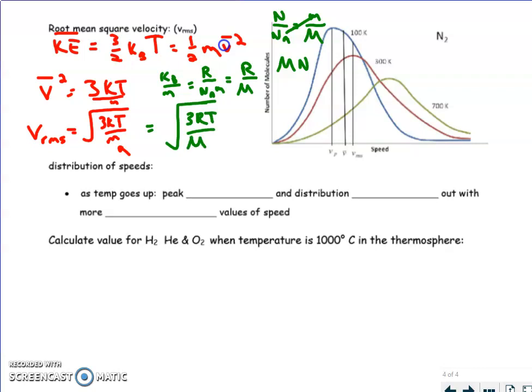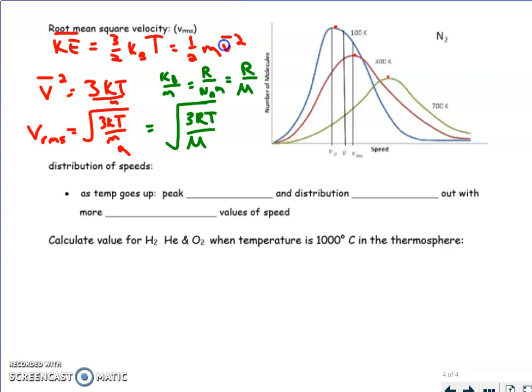Because it's an RMS, what you see off to the side, the graph, is how the velocities are distributed based on the speed. And there's two things that we want to note. As the temperature goes up, the peak will do two things.